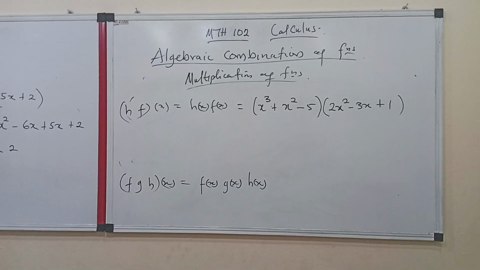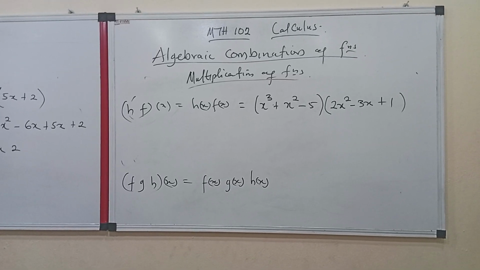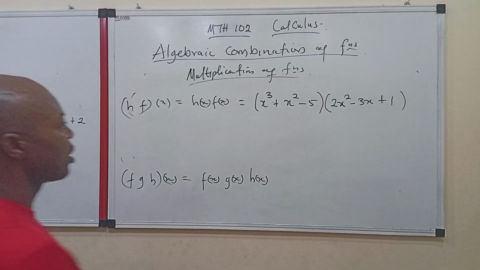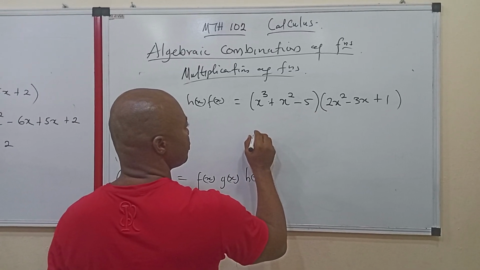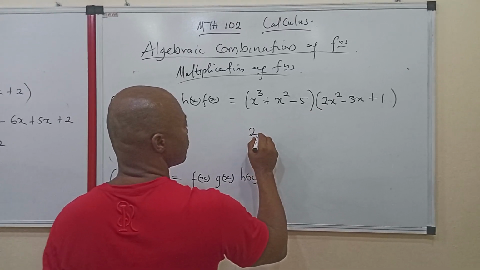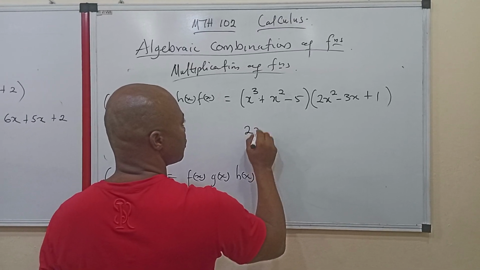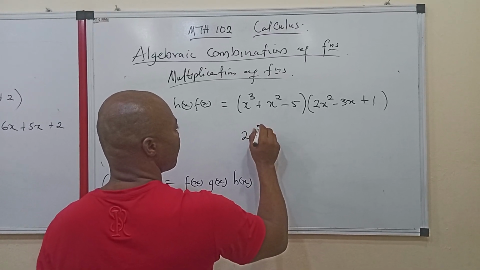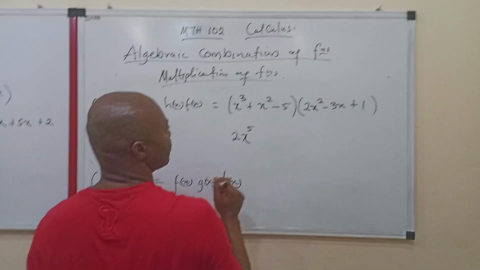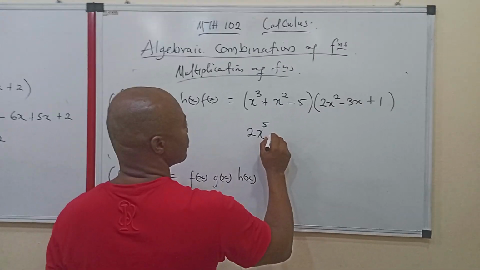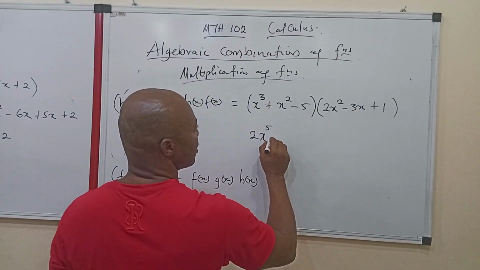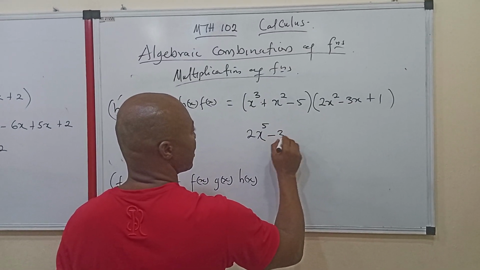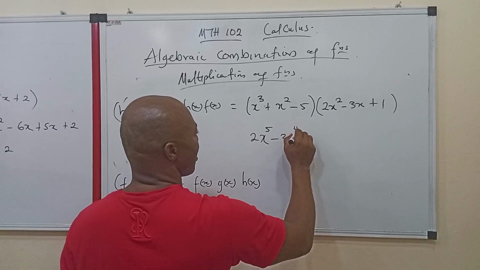what do we have? This to this will give us 2x raised to the power 5. This to this will give us minus 3x raised to the power 4.